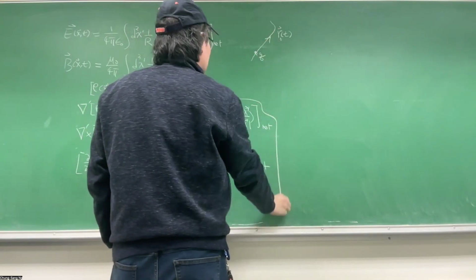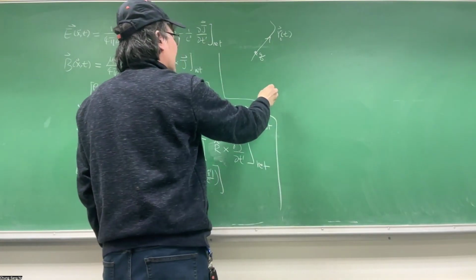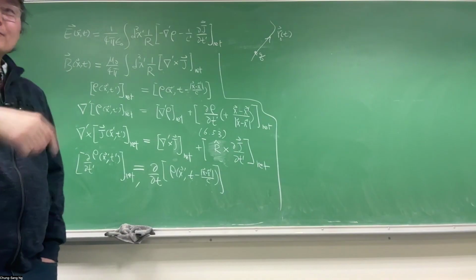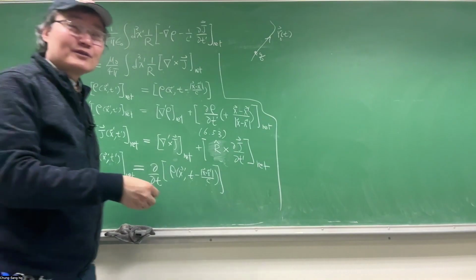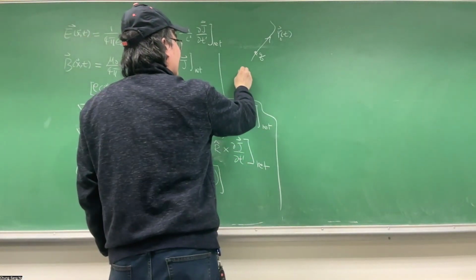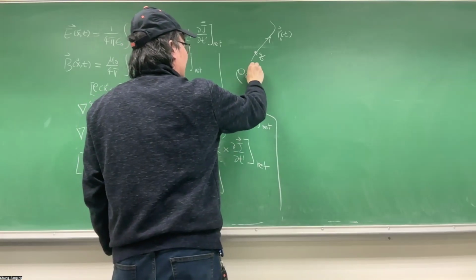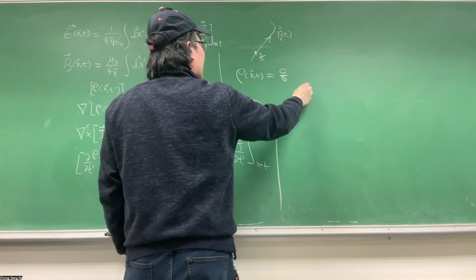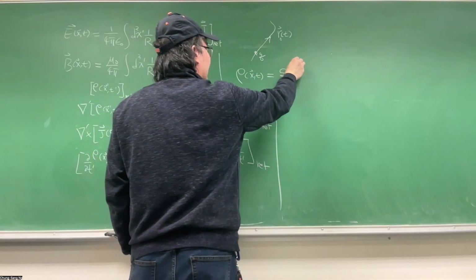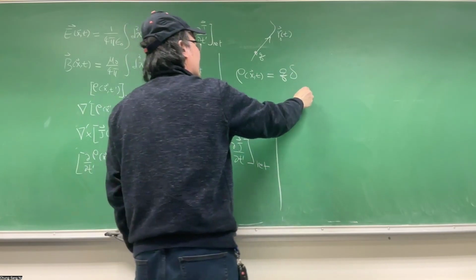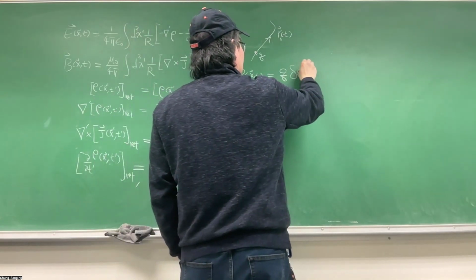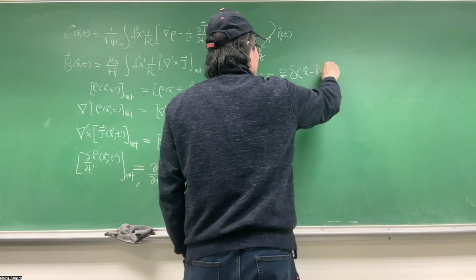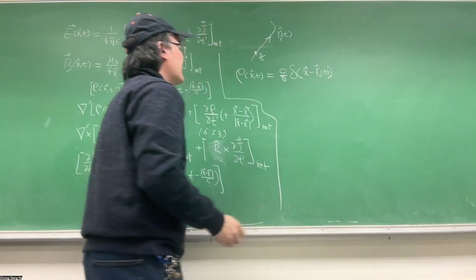So for a point charge, we know the charge density and current density are delta functions. We talked about that many times. You still remember that? So the charge density, what is that? q times what? Delta function, right? And the position is R0 as a function of t.